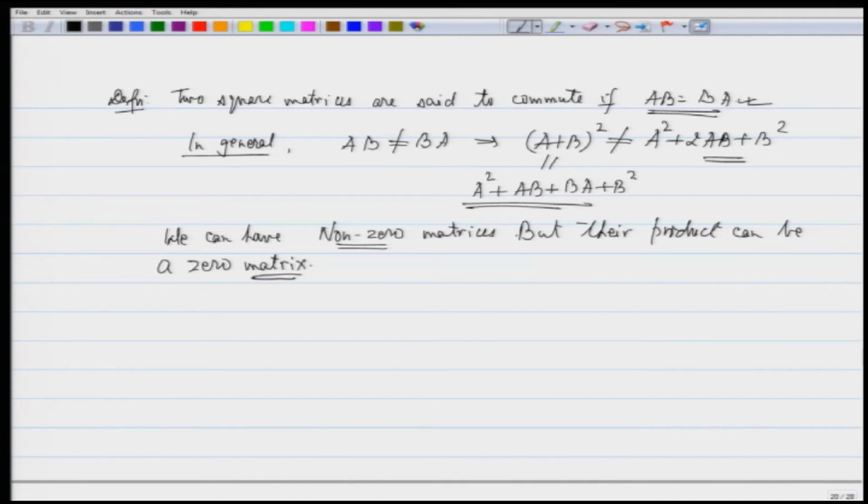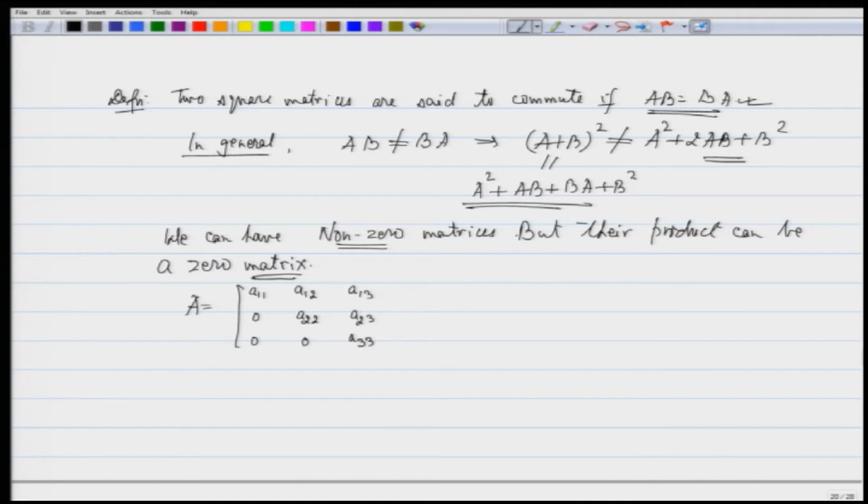We had looked at a similar example earlier when I was looking at matrix product. Let me recall that example, which is very important when you come to eigenvalues and eigenvectors. I have a matrix A which is upper triangular, I can take it as lower triangular also. Suppose its entries are A11, A12, A13, 0, A22, A23, 0, 0, A33.